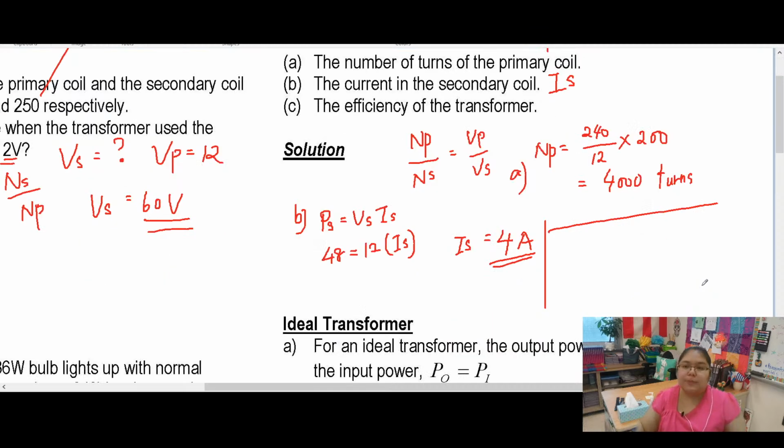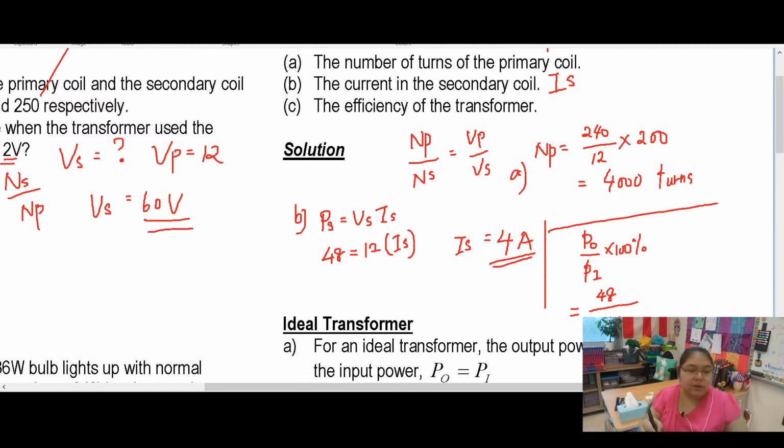Last part is the efficiency. Efficiency is the power output over power input multiplied by 100%. So we need to find out the power output. Power output we know already from the question, 48. Power input: you will see the voltage, then the question already provides the current.